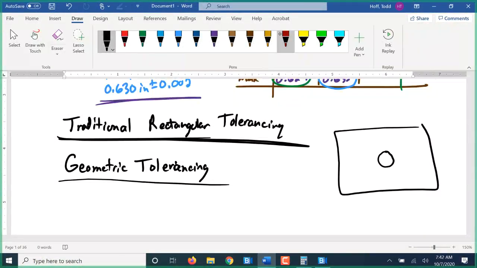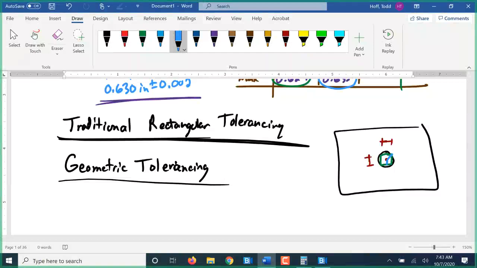Rather than saying that the center of that hole has to be in a certain range this way and a certain range that way, which gives you a rectangle, the center of that hole has to be within that rectangle. Well, when you look at that rectangle, you see that from the center out to the corners, it's a lot further than from the center just out to the flat side.